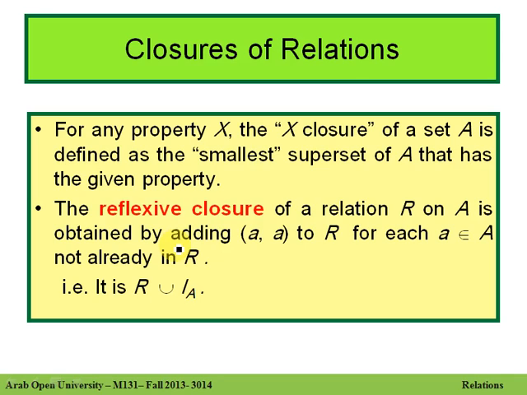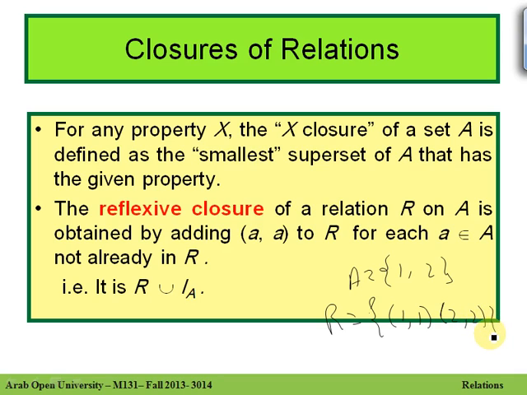The reflexive closure of a relation R on A is obtained by adding a, a to R for each a belonging to the set A, which is not in R. So what is reflexive? For example, for the set A with elements 1 comma 2, what do we have? 1 1 and 2 2.